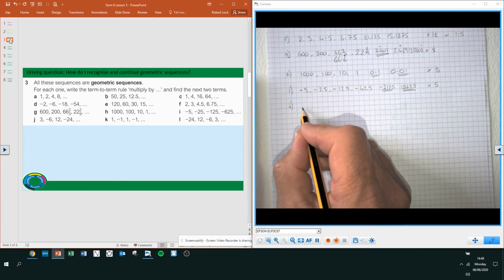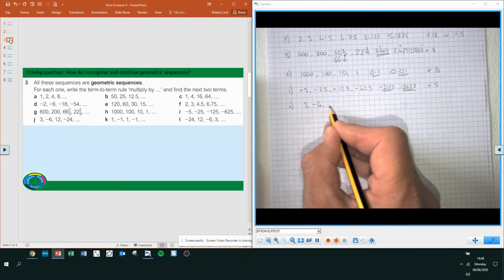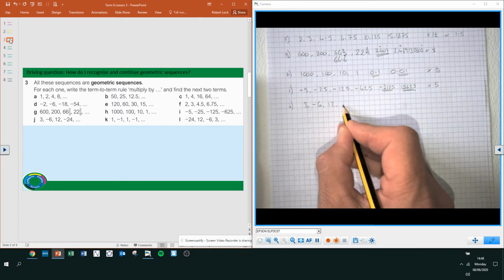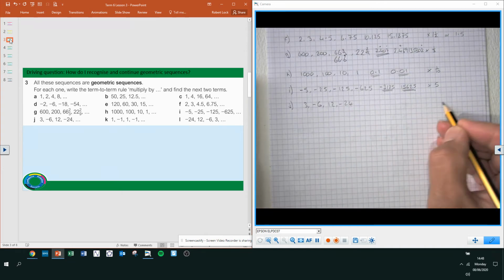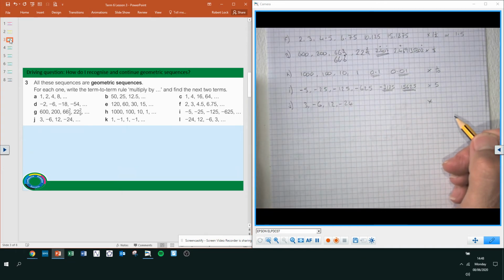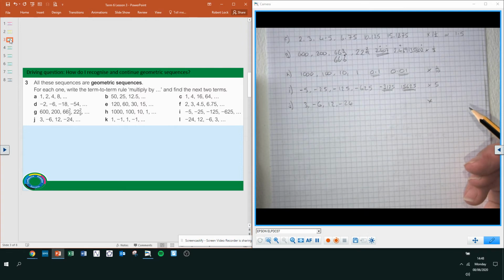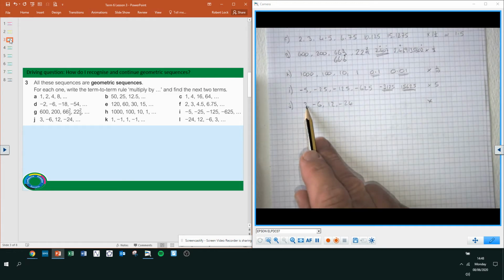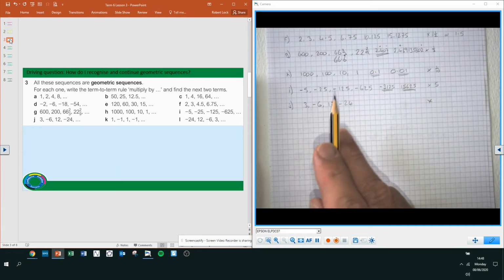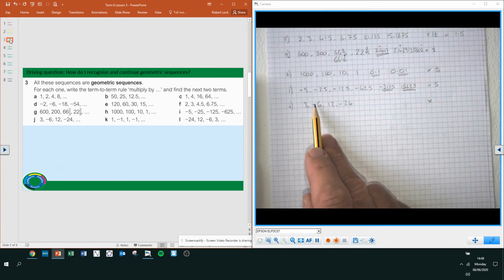J. 3, minus 6, 12, minus 24. Something gives us alternate negative numbers. We took away the minus, get to 3 to 6, we times it by 2.